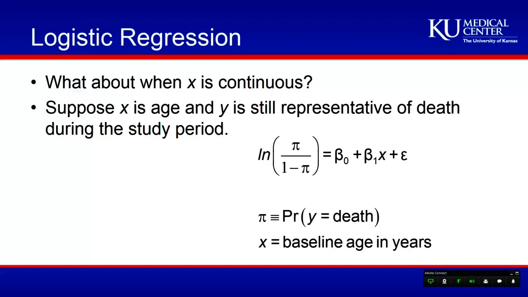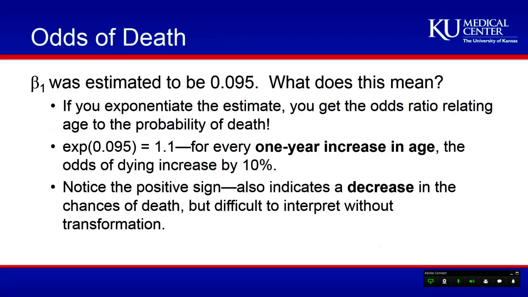It can also apply when X is continuous. So what if instead of X being the treatment they received, what if X is just age? It's continuous. Y is still, though, representing whether or not death has occurred during a particular study period. So we have the same model. X is different. It's continuous now.